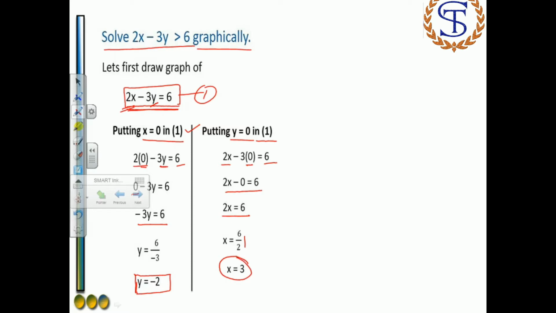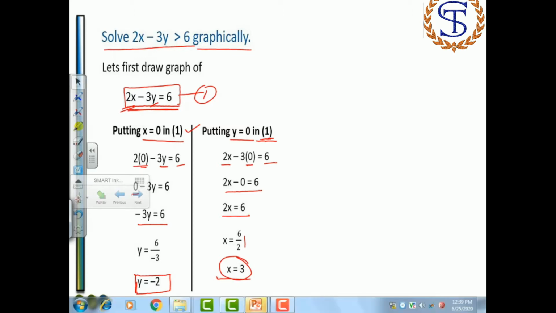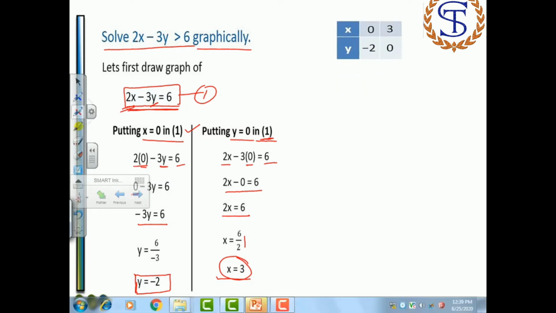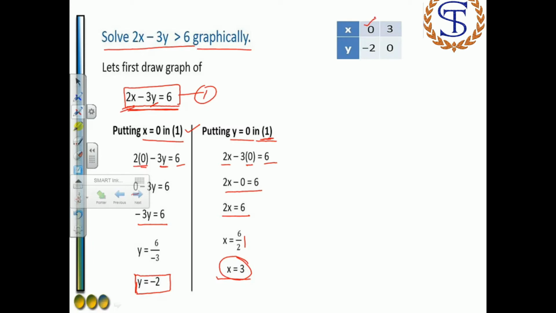If we put y equal to 0 in this equation 1, we will get x equal to 3. Now here we have a table in which we have marked, if we put x equal to 0, then we will get y equal to minus 2, and in the second part, if we put y equal to 0, then we will get x equal to 3.